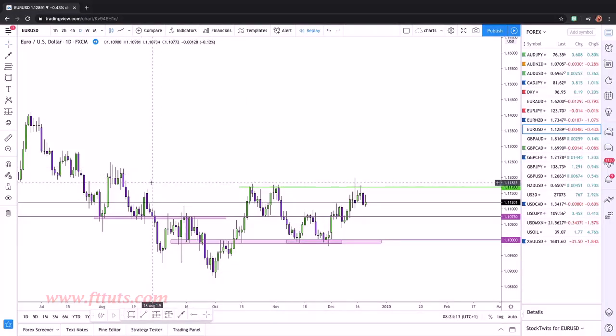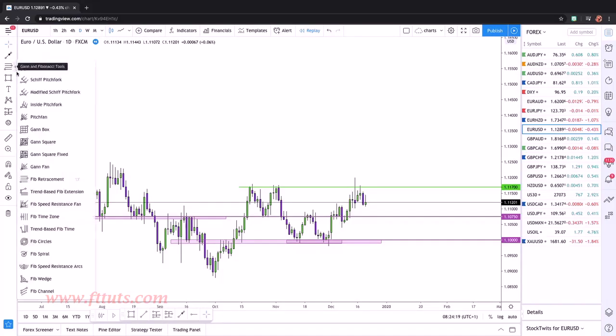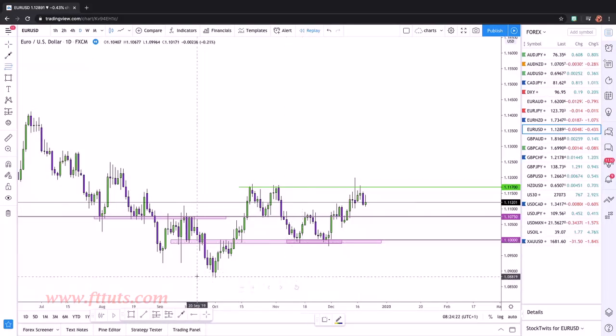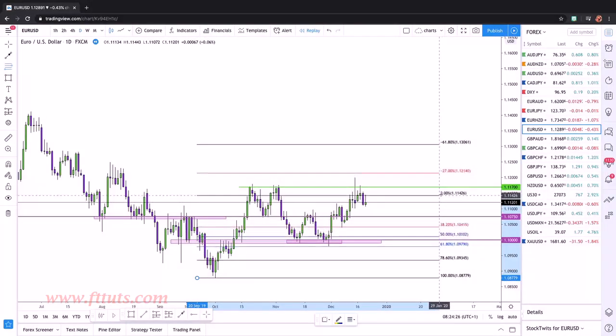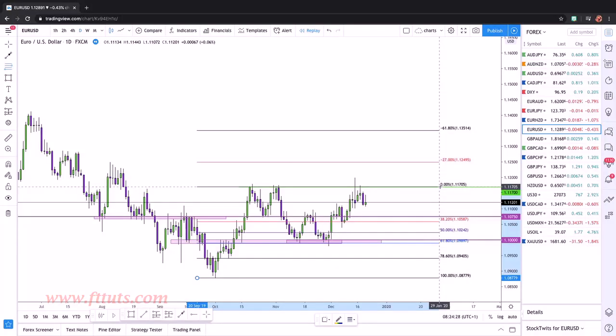Okay, so another thing, when you're adding extra confluence, is fibs. So low to high. Okay, so we can see 100% at the bottom, 0% at the top, and then this retrace.